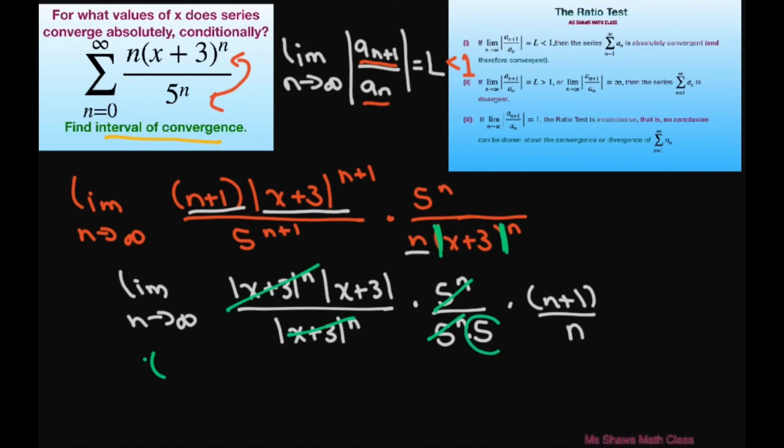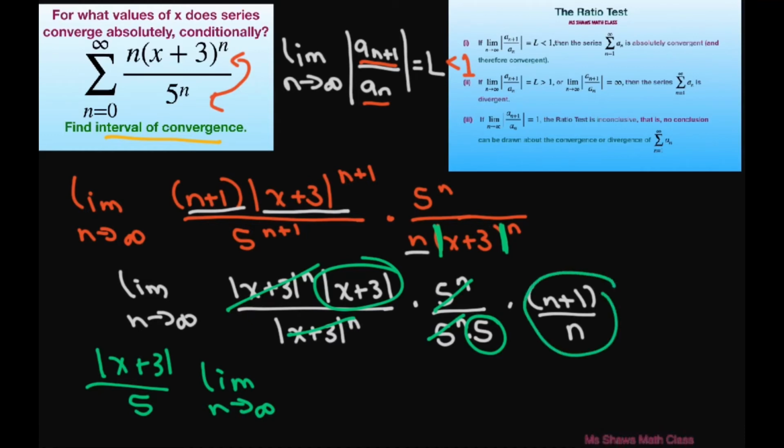Let's pull this part out. So we're going to write absolute value of x plus 3 divided by 5 times the limit as n approaches infinity of n plus 1 divided by n right there.